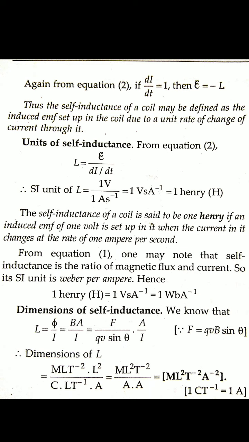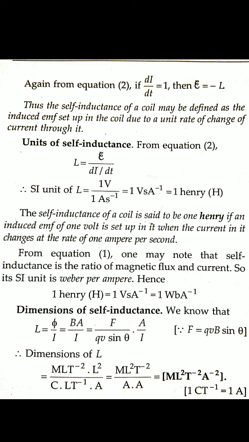That is called Henry, the SI unit of self-inductance. If an induced EMF of 1 volt is set up when the current in the coil changes at the rate of 1 ampere per second, then the self-inductance of the coil is said to be 1 Henry. Henry is represented by capital H.